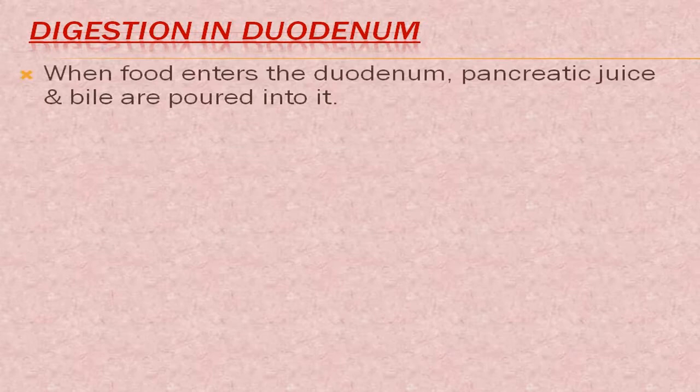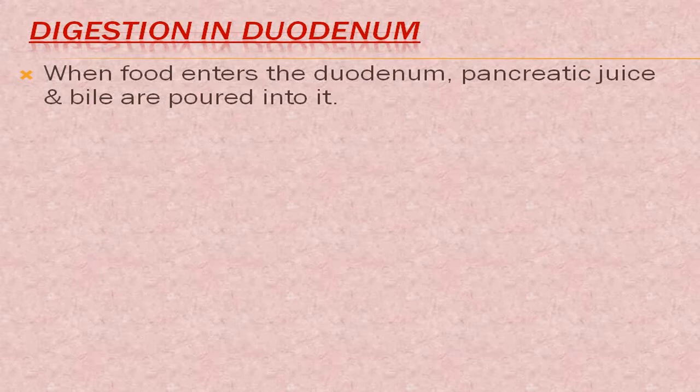Now the digestion in the duodenum. When food enters the duodenum, pancreatic juice and bile are poured into it. The entry of food in the duodenum stimulates the wall of the duodenum.